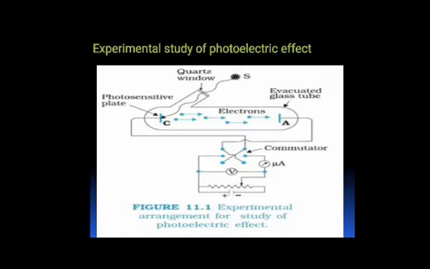The photoelectrons are emitted from C and are collected by A. Then the microammeter measures photoelectric current, and the voltmeter measures potential difference between C and A.